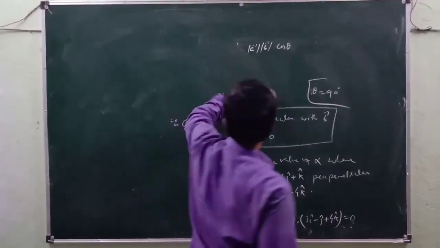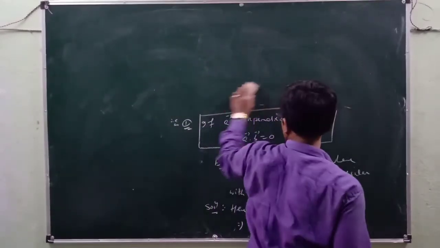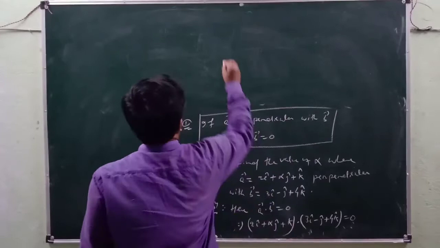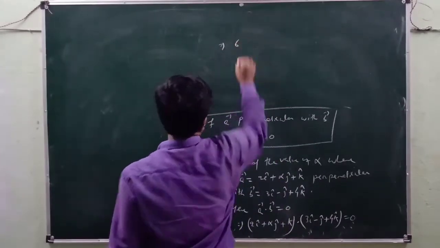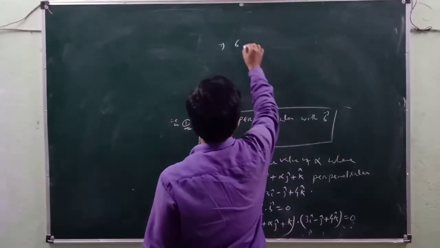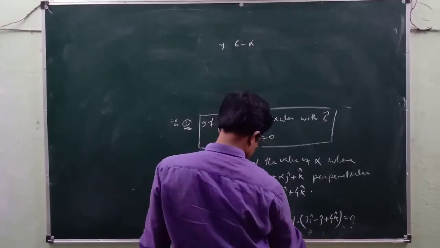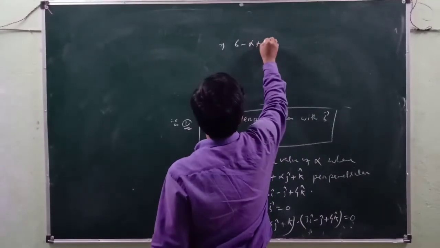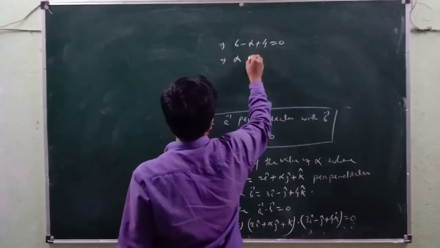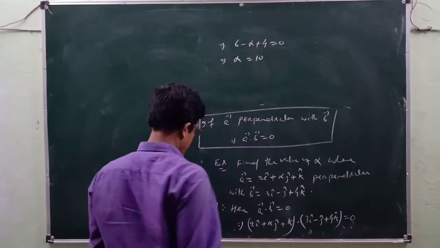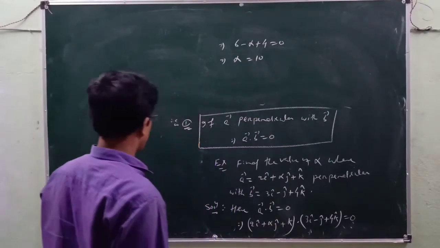Now find their dot product: it will be 6 minus alpha plus 4 equals 0, that implies the value of alpha will be 10, which is the required value of alpha. Okay.